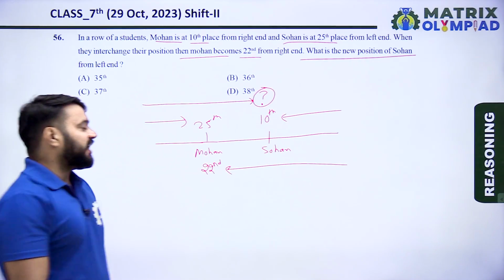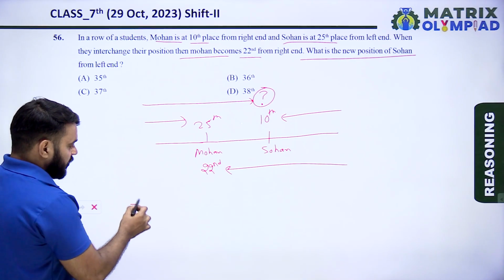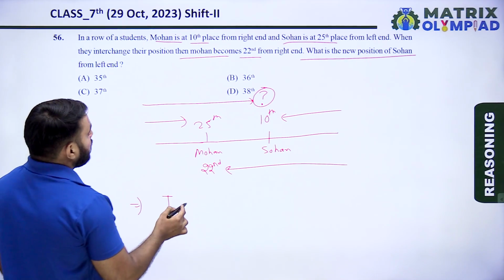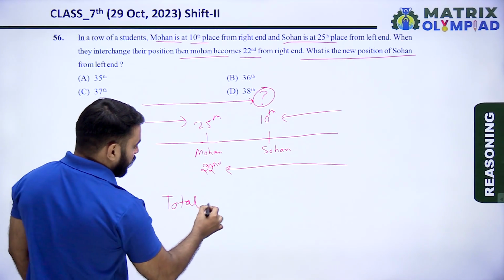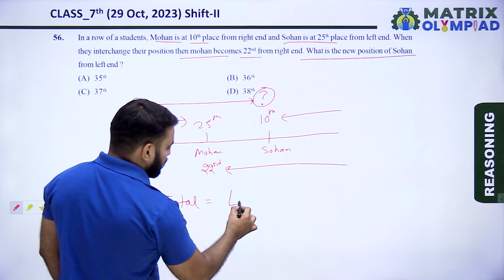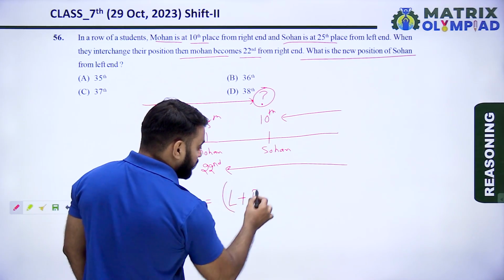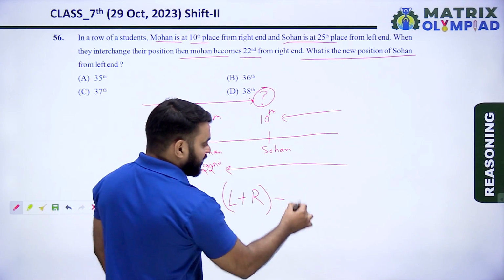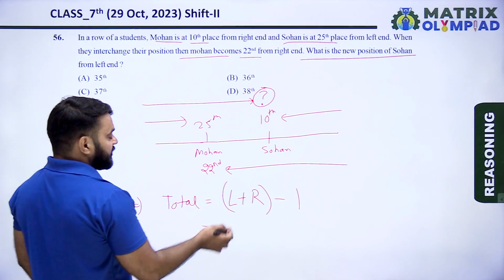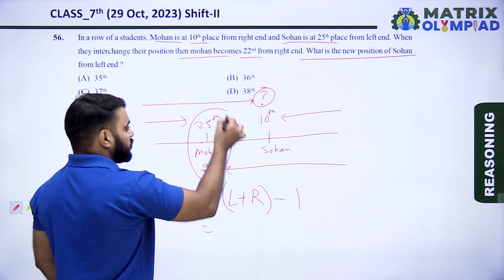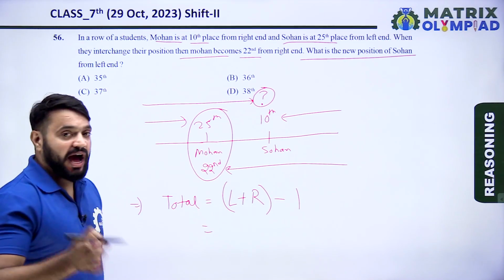So in this question, first find the total number of students in this row. The formula is left position plus right position of the same person minus 1. So Mohan's left position and Mohan's right position are given.